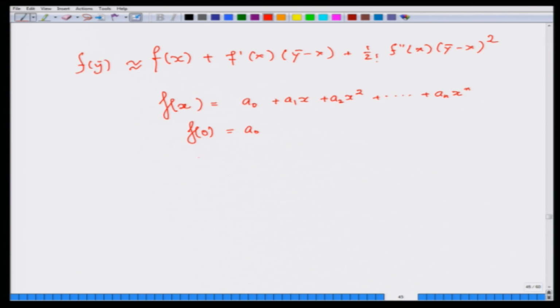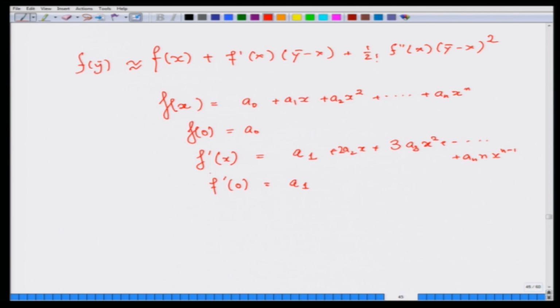Now, what is f dash of x here? f dash of x here is a1 plus 2 a2 x plus 3 a3 x square plus so on and so forth plus n a n x to the n minus 1. Now, f dash of 0 is a1. So, you have been able to compute the constants in terms of these derivatives.